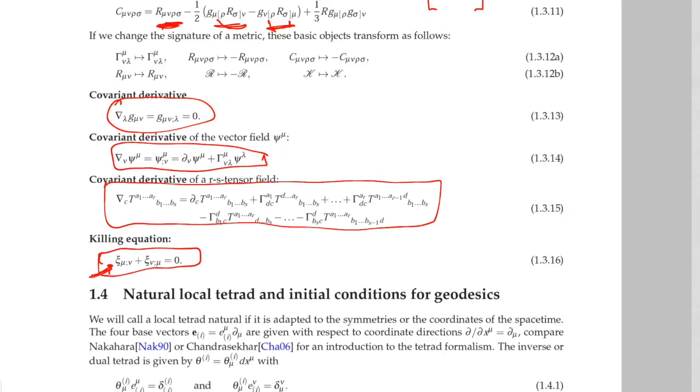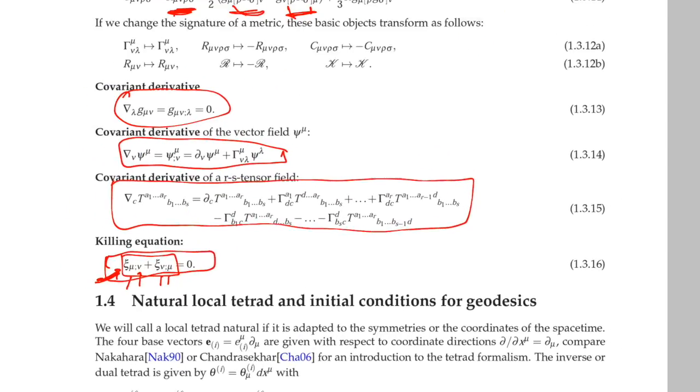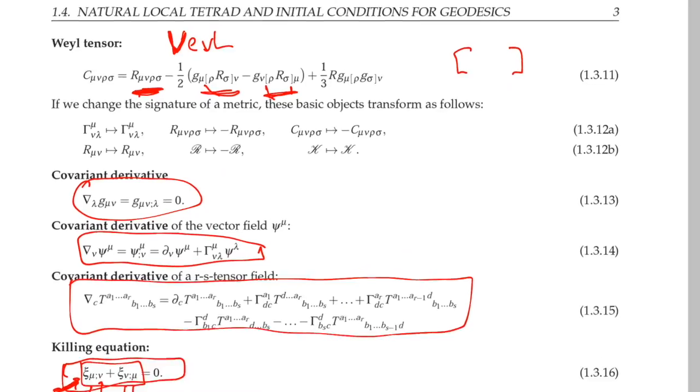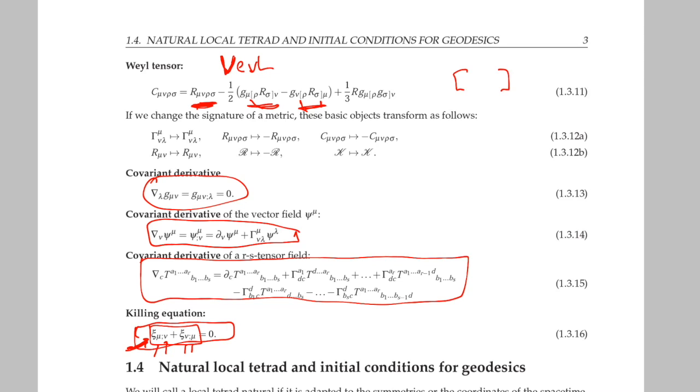If the covariant derivative of a certain vector field, in this case this vector field here, satisfies this expression, meaning the covariant derivative mu with respect to v and v with respect to mu, if you add it up and you get 0, you end up with a Killing vector, and that's a very useful thing to know. Every metric has its own collection of Killing vectors, and this has to do with directions in which the metric is constant. We'll talk about that eventually.